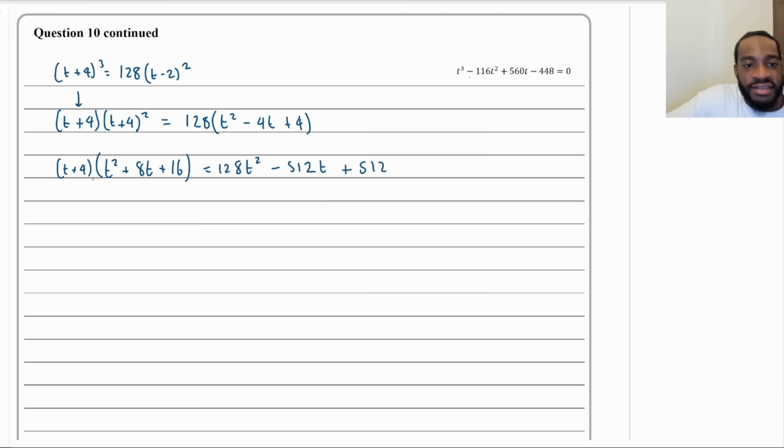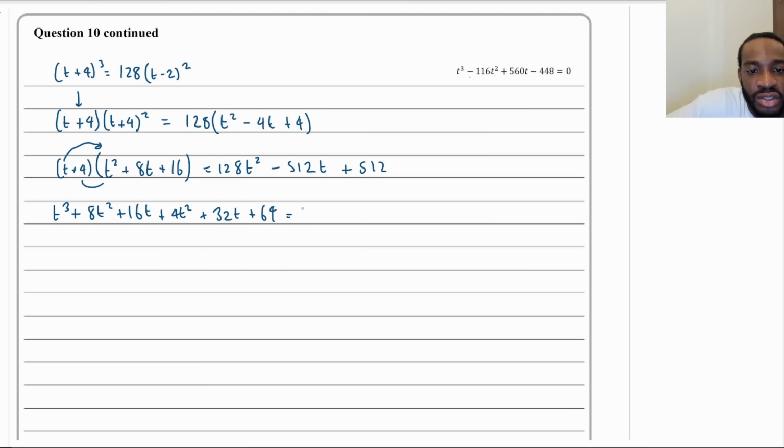Now the left hand side, if I do that, then I'm going to just do that. Do the t first. So it's going to be t cubed plus 8t squared plus 16t. And then plus, and then these ones I'm going to do now, 4t squared, and then 32t plus 64.